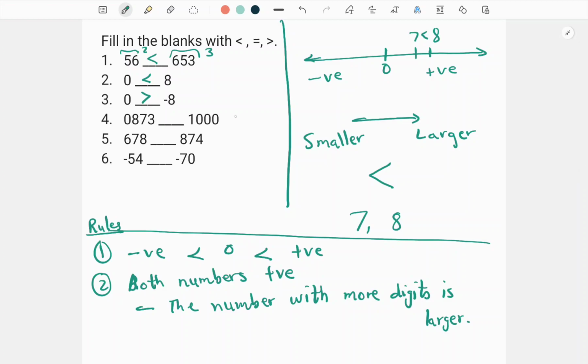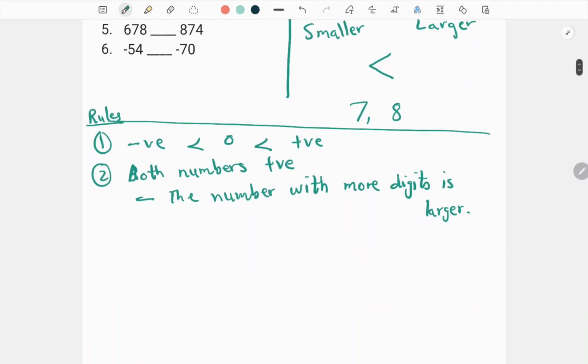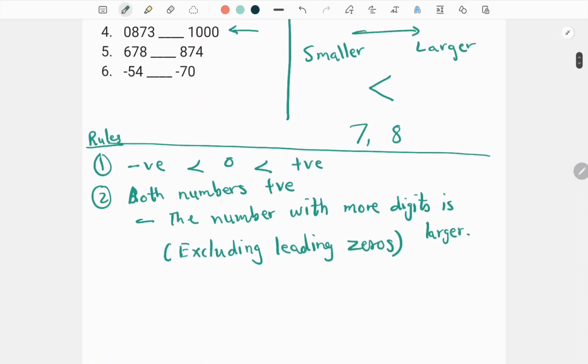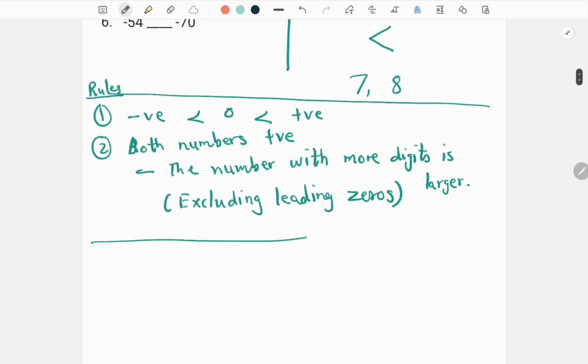Actually, the fourth example is also a good illustration of this fact. Let me clarify this rule a little: excluding leading zeros. In the example here, let's do this carefully. 873 with a leading 0 versus 1000.